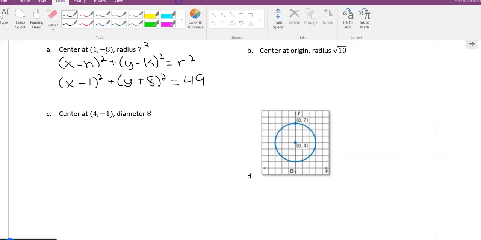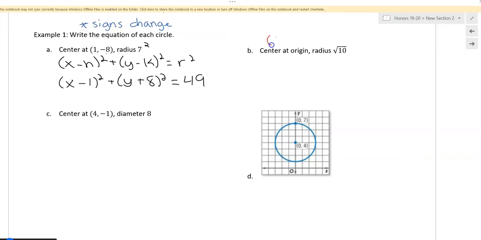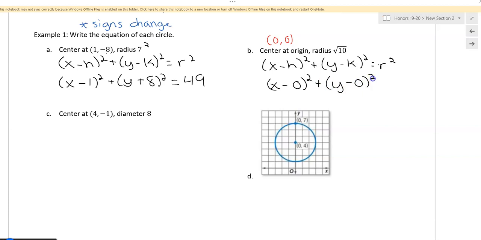Looking at B, center at origin. The origin is (0, 0). So if we do the same thing, we have (x minus 0) squared plus (y minus 0) squared. Well, the square root of 10 squared, if I square that, the square root and the squared cancel out, so that's just 10.